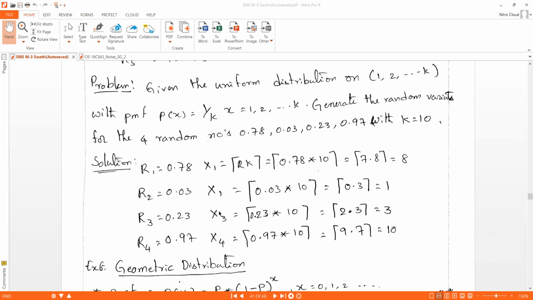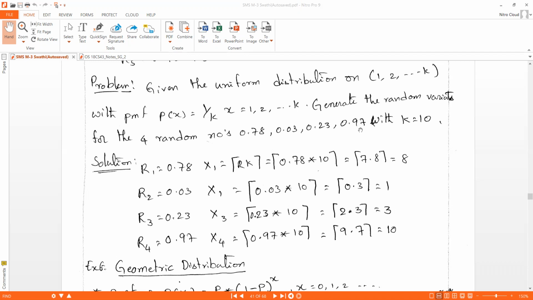X3 will be calculated by x3 equal to mod of R3 into K. R3 value is given in the problem is 0.23 into K value is given in the problem as 10. 0.23 into 10, we will get mod of 2.3. If you remove this mod, the outcome of the value will be the upper limit value. So it is 2.3, next upper limit value is 3. So the random variant, when the random number is 0.23, is 3.